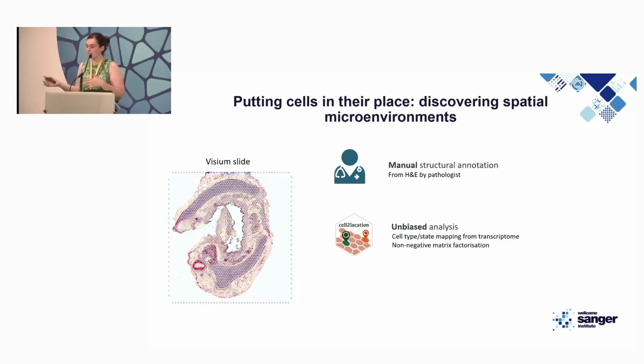And then we can perform unbiased analysis using cell2location, where we can take our suspension cell data and map these cell types and states onto the tissue context. And using these two modalities together, we can then co-localize cell types and states into this tissue context.